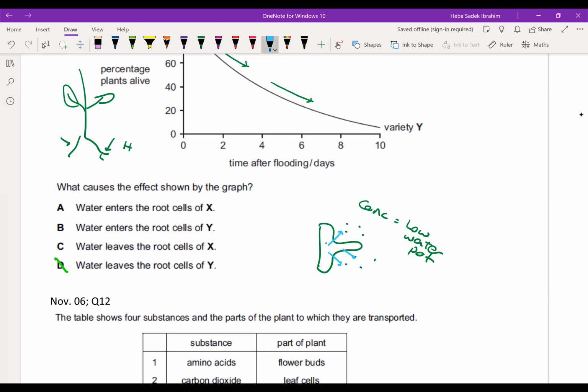Therefore, cells and plant Y are going to die out. The water is going to leave the root cells of Y.